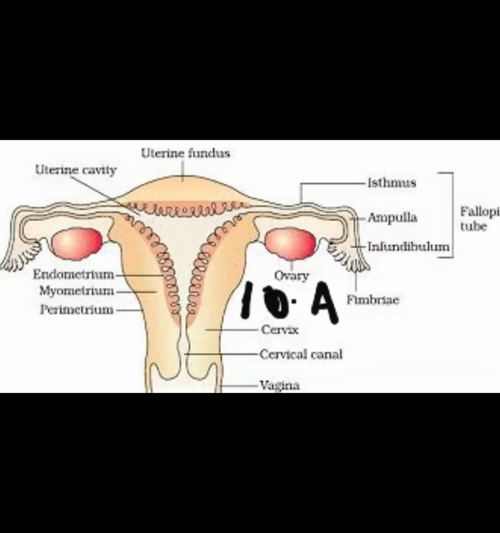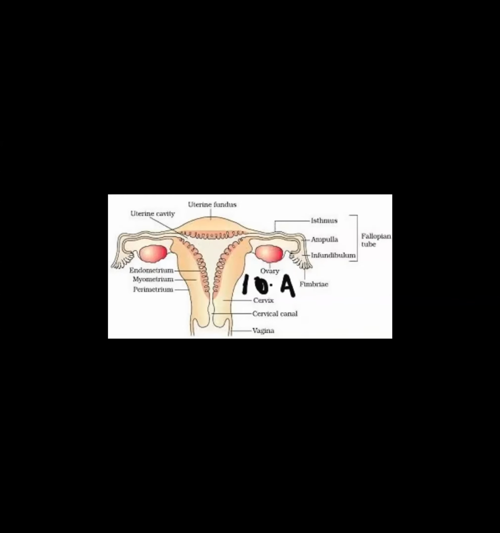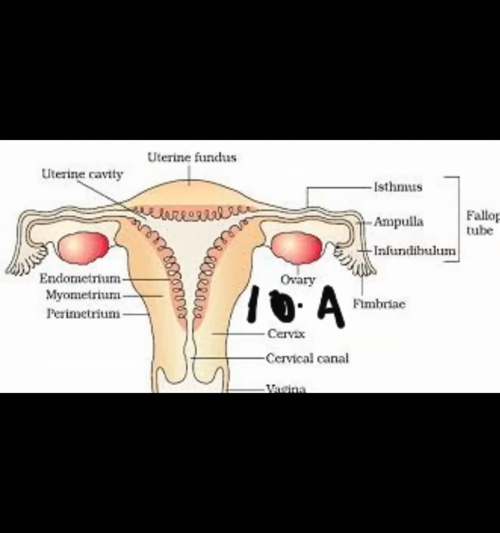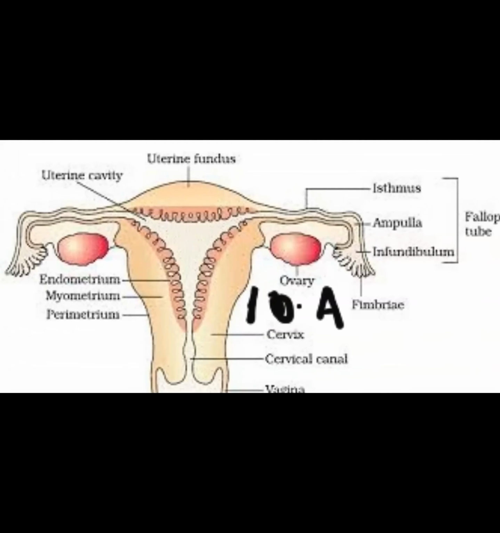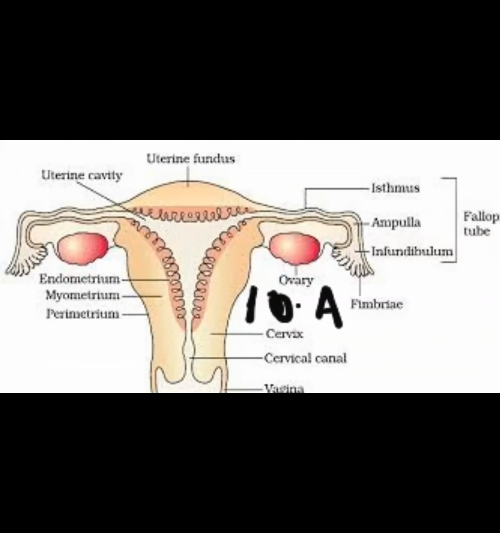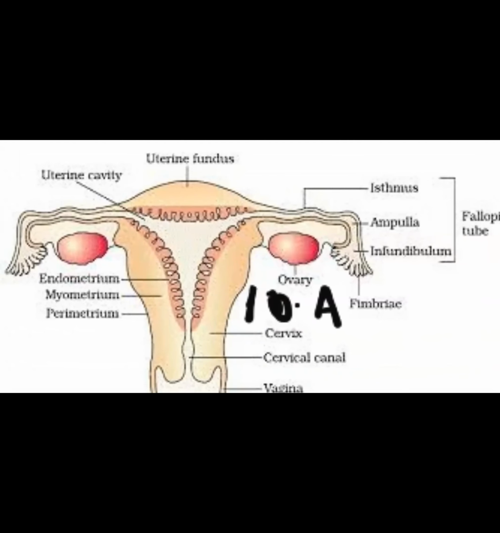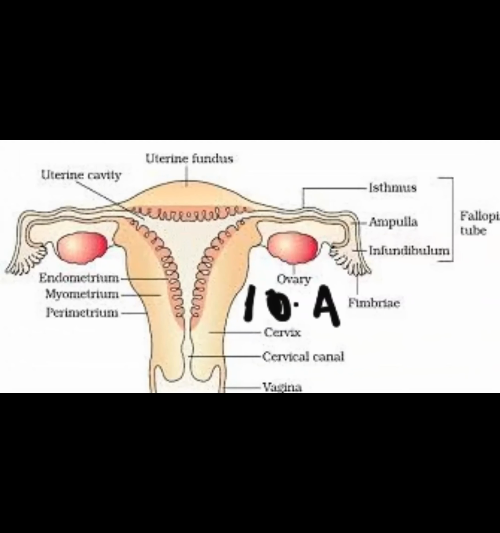So let's talk about the ovaries. Ovaries are primary sex organs of the female. They have two functions. Number one, gametogenesis. They produce ova, or ovum, individually. This is called oogenesis.